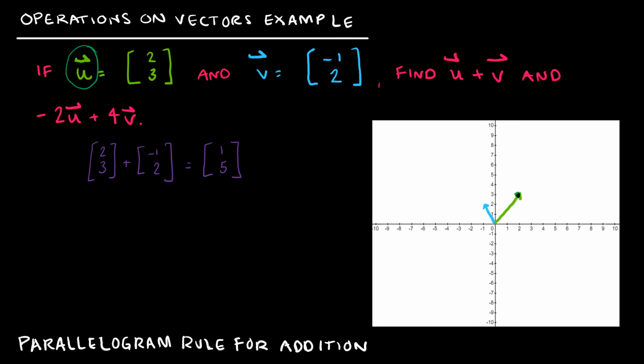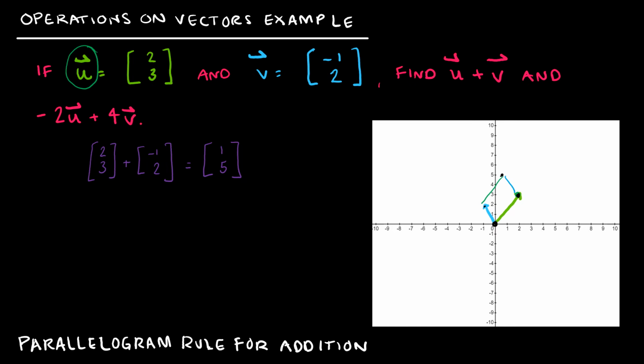Now, if I'm looking at the point 0, 0, and the point negative 1, 2, and the point 2, 3, and now I want to look at the point 1, 5, which is right here, I just want to point out that this is a parallelogram.